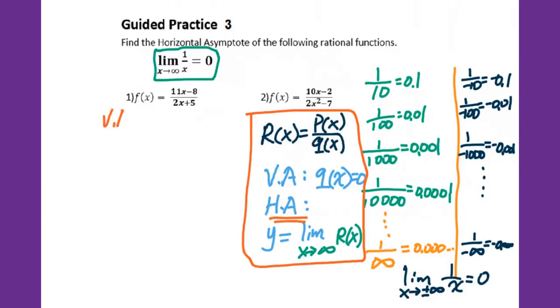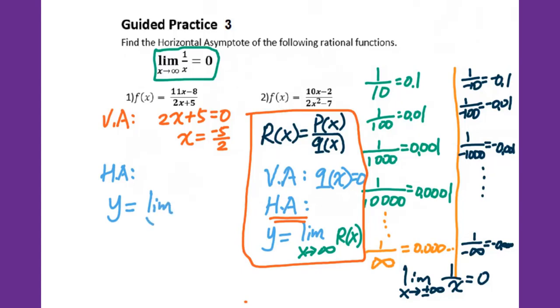For the vertical asymptote line, make the denominator 2x plus 5 equal to 0. You will get x equals negative 5 over 2. For the horizontal asymptote line, we will use a limit: y equals the limit as x tends to infinity of 11x minus 8 over 2x plus 5.